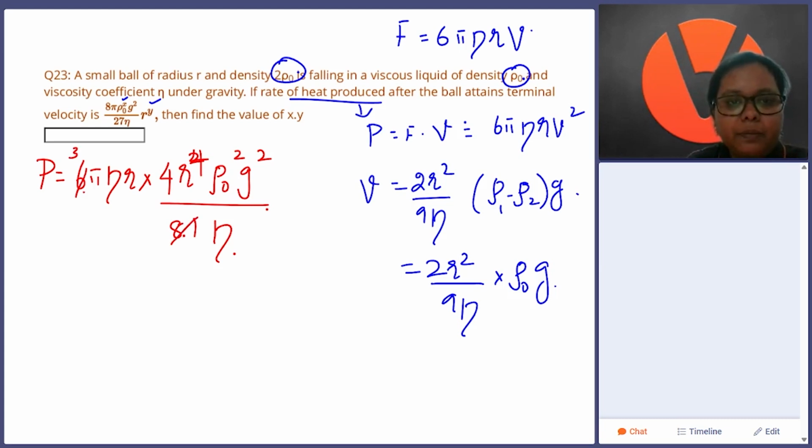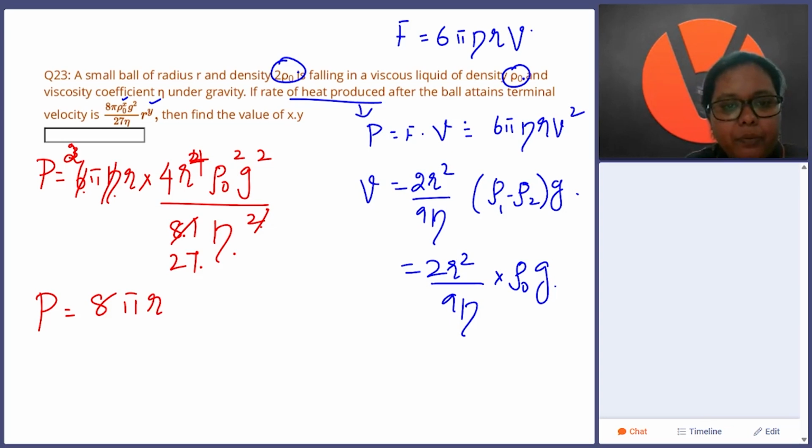If we are cancelling, what we will have? 27. Here it is 2 then. So power would be equal to 8 pi. So here it is eta square and eta you cancel. R power 4, r power 5, rho naught square, g square divided by 27 eta.